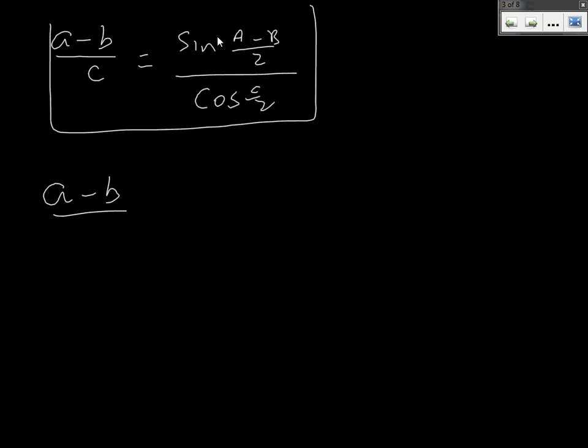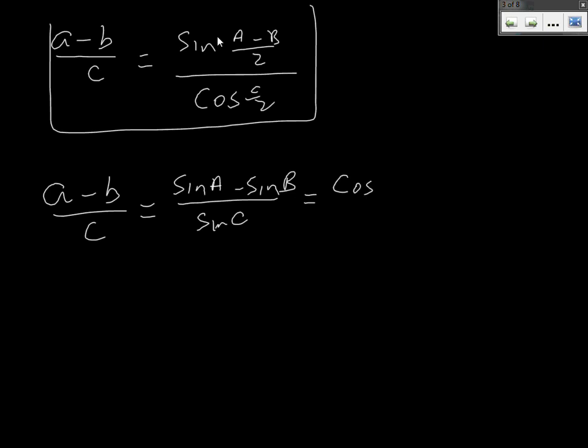A minus b over c, this is just like before. It's sine a minus sine b over the sine of c. Now, what is sine a minus sine b? You have a difference of sines. You can write it as a product.